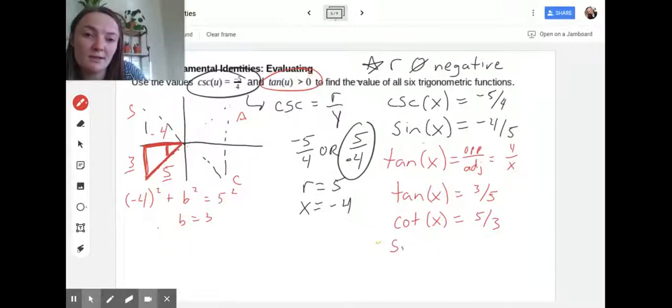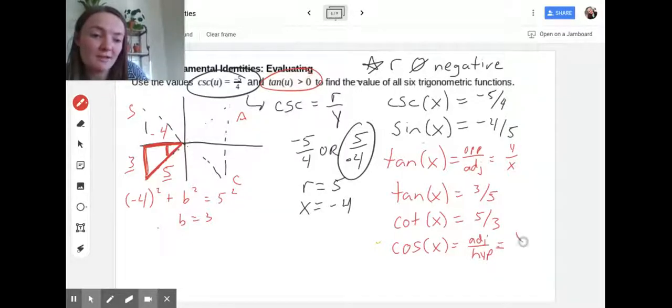Last one, we already know sine of x. Let's find cosine of x. Cosine of x is equal to adjacent over hypotenuse. It's also equal to x over r. In this case, x over r is going to be negative 4 over 5.